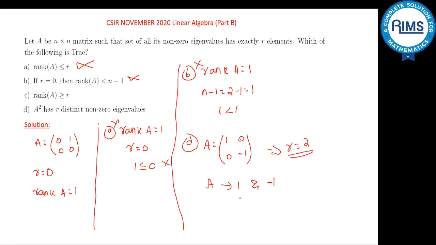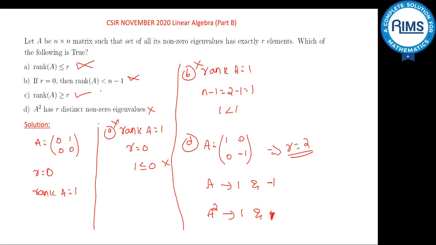And what are the eigenvalues of A square? They are 1 square, that is 1, and minus 1 square, which is also 1. Here only 1 is the eigenvalue, therefore the claim that A square has r distinct non-zero eigenvalues is wrong, therefore option D is also wrong. So here only option C is true.